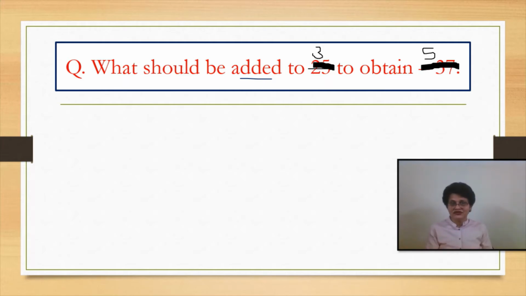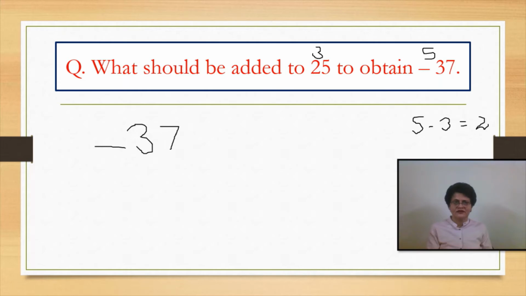To come to the original question, we will now erase what we had in blue. So we are back with the question here, and let's start solving it. I know that I have to write 5 minus 3 is 2. In place of 5, what was the real number? The number is 37, so I'll write here negative 37. You can put it in a bracket.